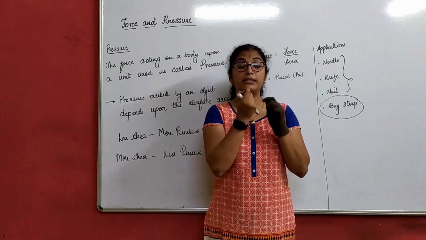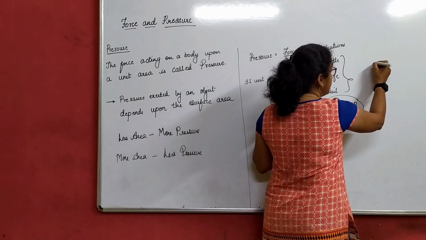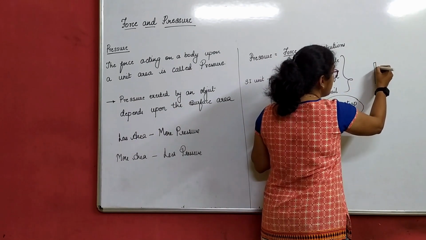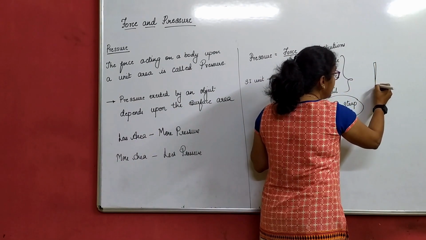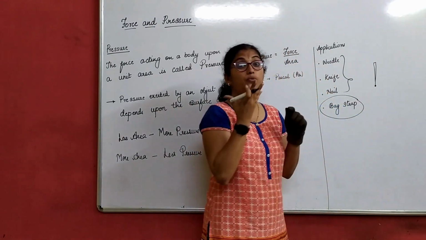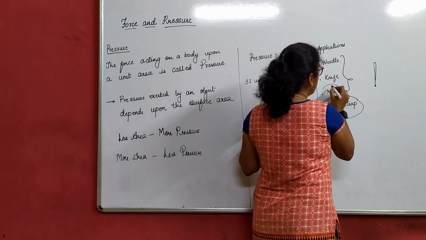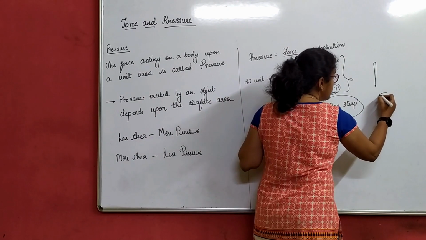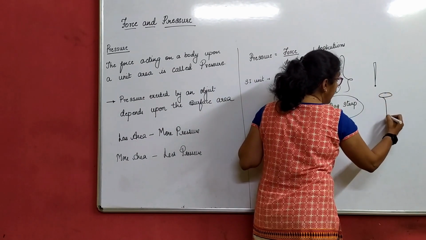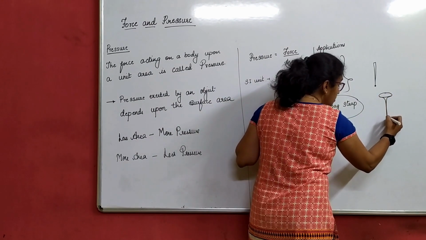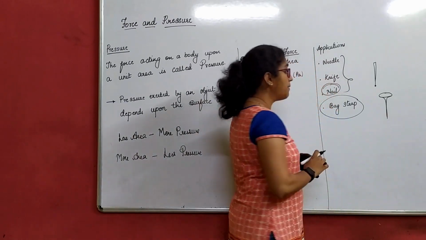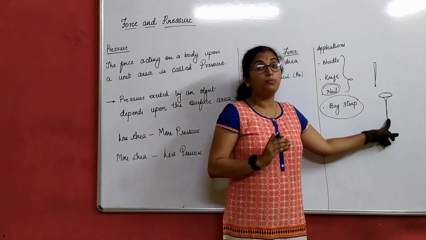The needle is pointed. That means the area used by the needle is very less. Similarly, if I talk about a nail, if this is a nail here, right? So what has happened here? This is the pointed end.